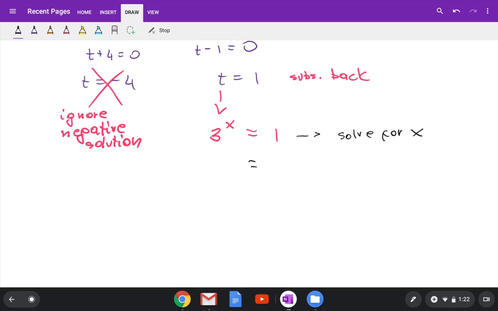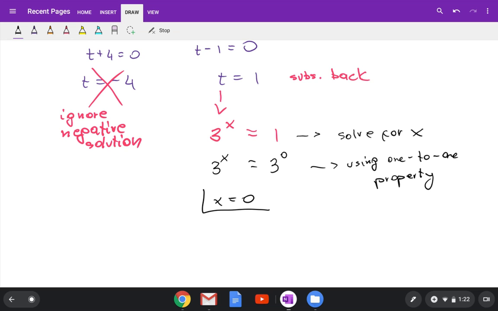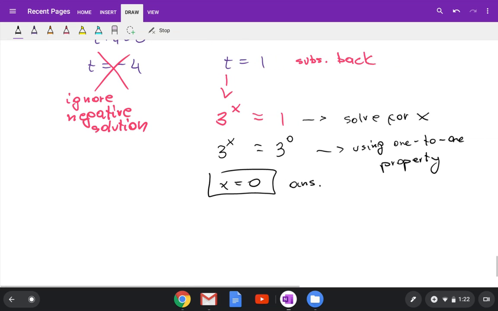I'm going to convert 1 to 3 to the power of 0. And now, using the one-to-one property, that will just give you that x is equal to 0, and that's our answer. Okay, so this is the solution.